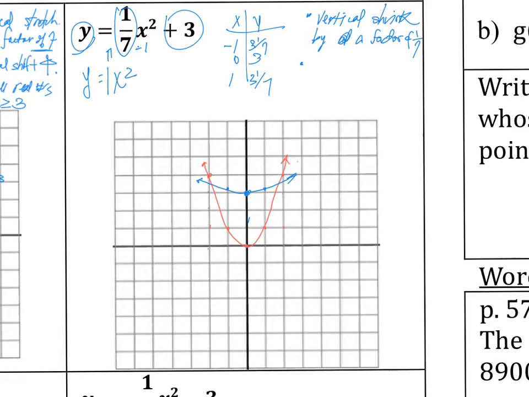And we also have a vertical shift upward by 3 units, and then domain, all real numbers, range, y greater than or equal to 3.